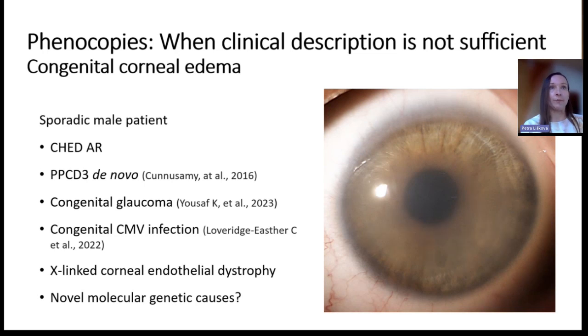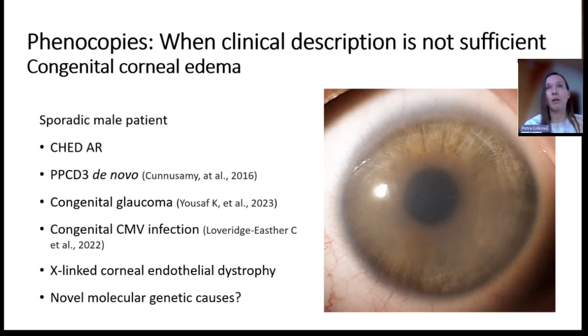So the most likely option would be congenital hereditary endothelial dystrophy, recessively inherited. But then there are several cases of PPCD3 which were de novo, so again sporadic. The parents had nothing. Occasionally, it could be congenital glaucoma.